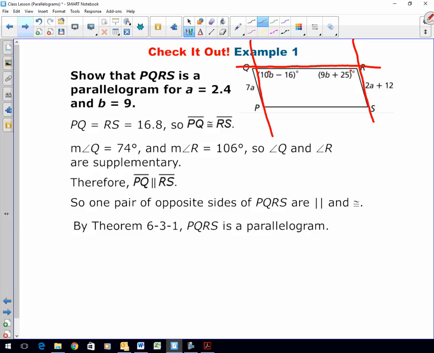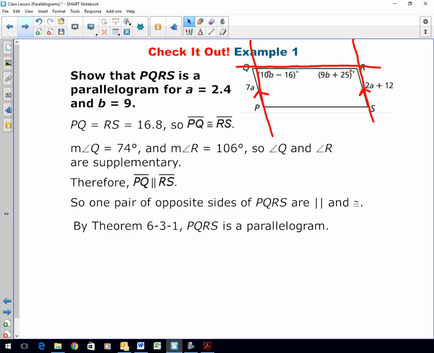And same side interior angles, if they are supplementary, means that these two lines are parallel. Okay? That's where your thinking just took you to another level. We went from double A to triple A ball right there. Perfect. So that was a higher level type of question, because now I have one pair of opposite sides that are congruent and parallel to each other. Is that good enough? Yes.